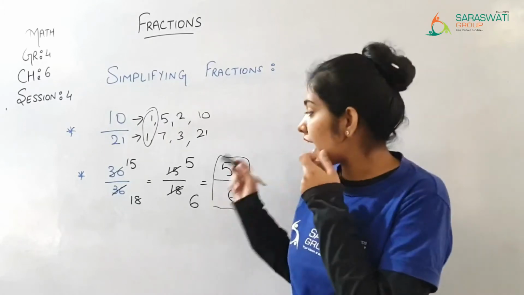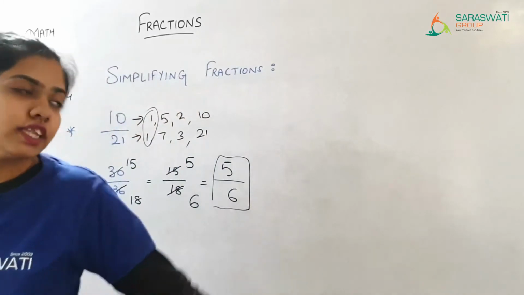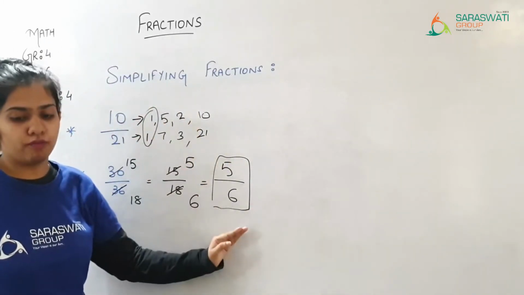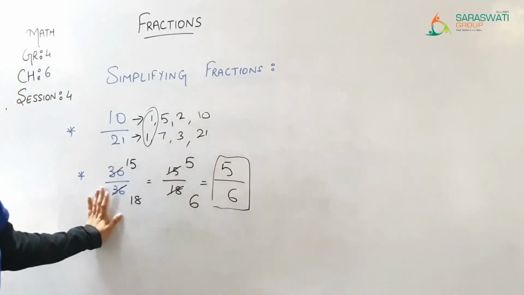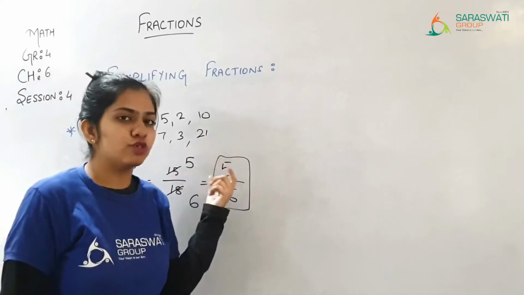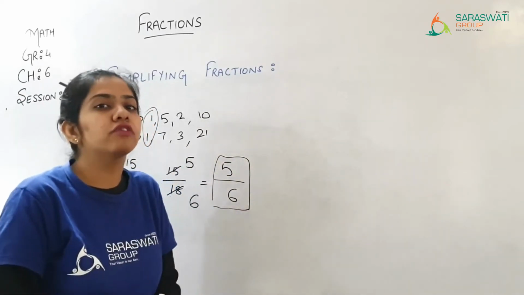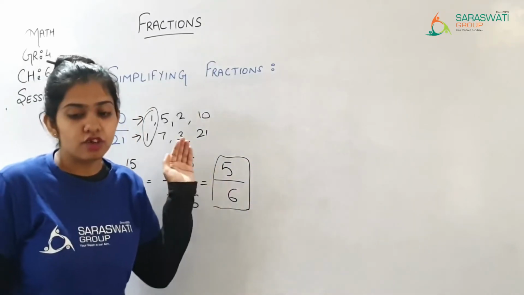Simplest form means no further common factor comes out, then that fraction is in the simplest form. By dividing the numbers, the last fraction which you get, where it is not possible to get another common factor, will be your simplest form.